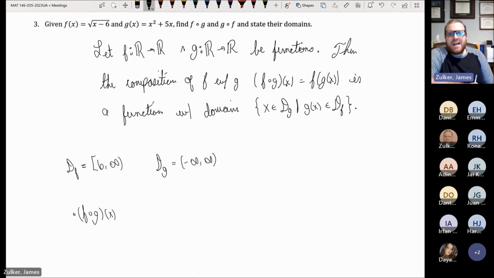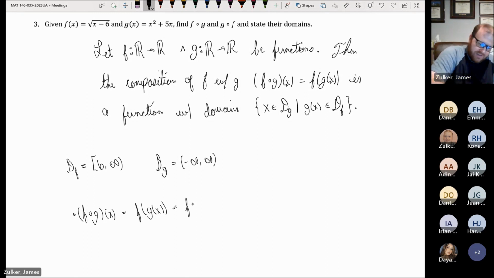First, we want f composite with g. That would be f of g of x. Well, that's f of x squared plus 5x, right? Because that's what g of x is equal to.